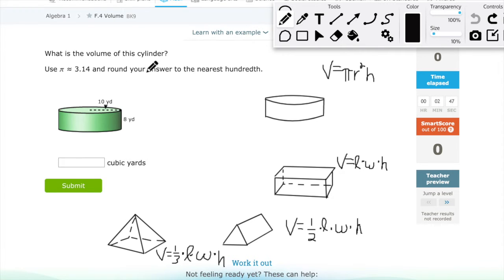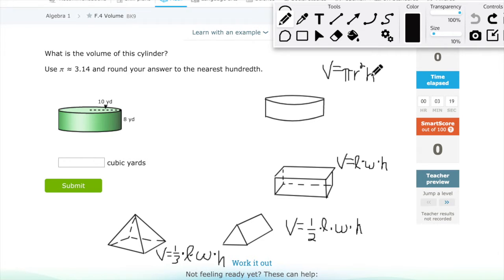So essentially what we have and what I'm going to plug in, I'll kind of talk slowly as I plug it in here, so you could do the same. 3.14, that is pi, times, and then 10 is that radius, that half distance across the circular face, times 10 again, in case I don't want to hit squared. If you hit squared, then don't do 10 a second time. And then times 8, which was the height.